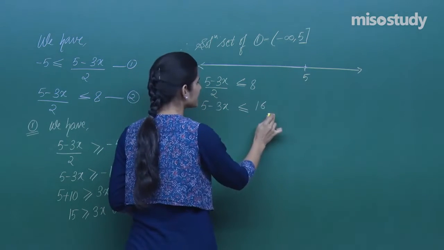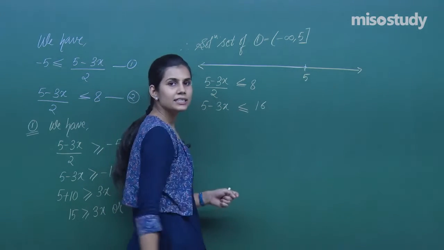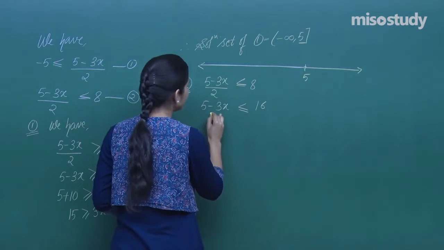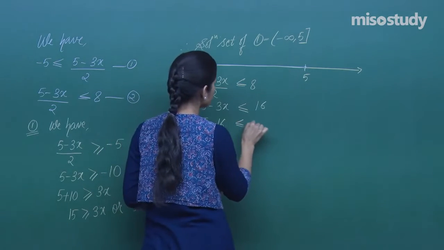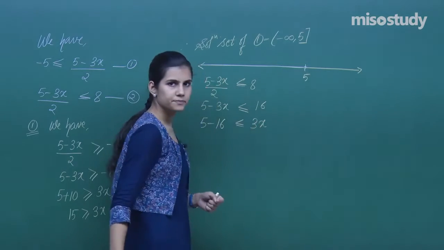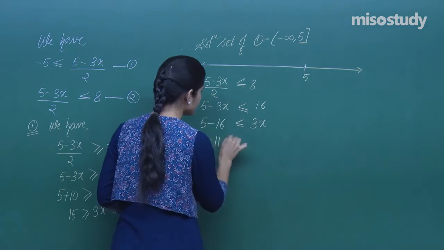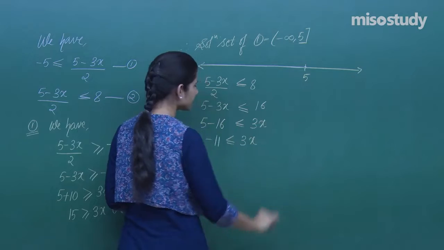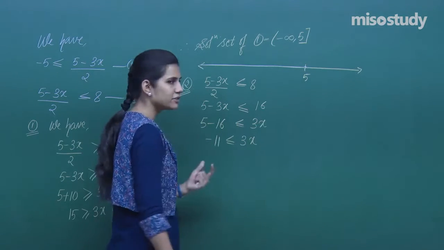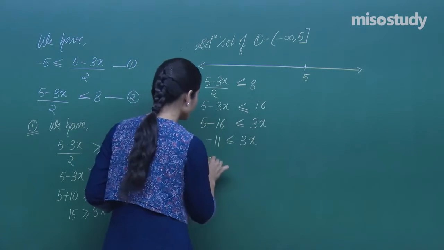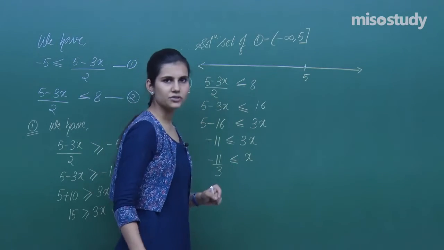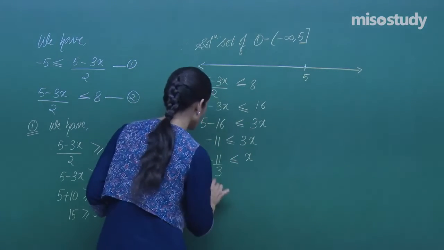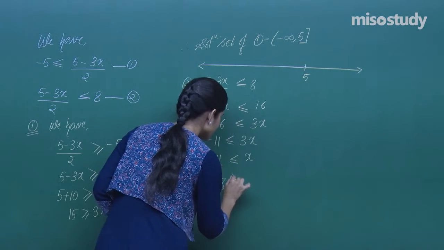Now I am adding 3x to both sides and subtracting 16 from both sides, which gives me this. And from here you have minus 11 is less than or equal to 3x. When you divide both sides by 3, 3 is positive, so the inequality doesn't change. Minus 11 by 3 is less than or equal to x, or x is greater than or equal to minus 11 by 3.